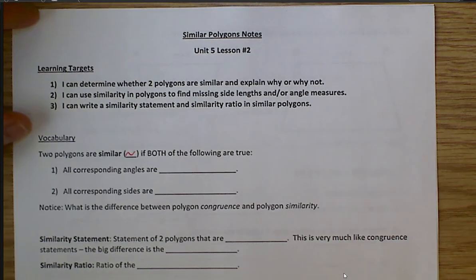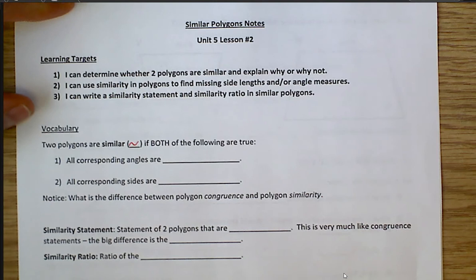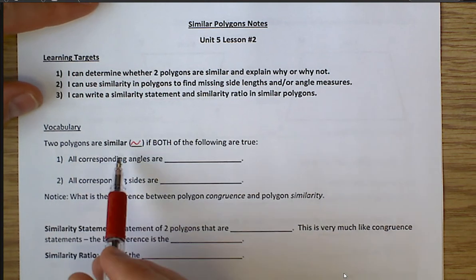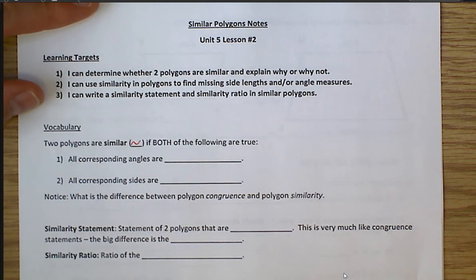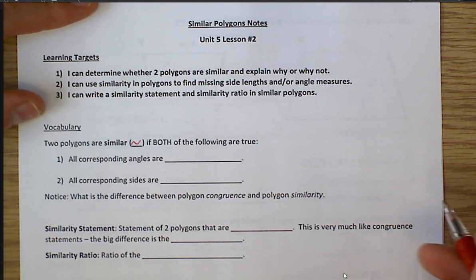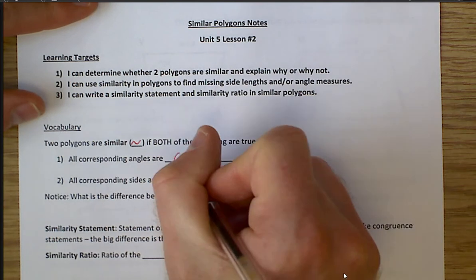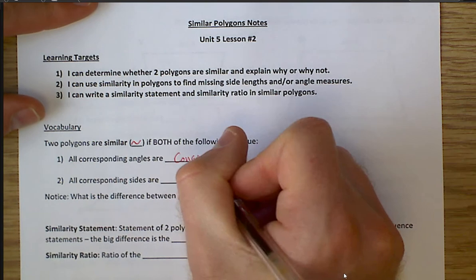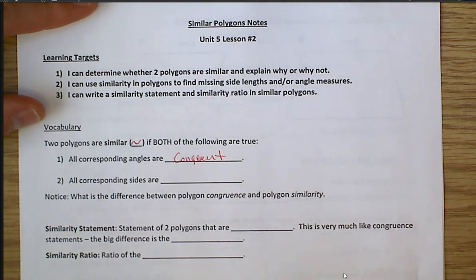Here's what similarity is. If two figures are similar, here are the two criteria that the two figures must have in order for you to say that they're similar. Number one, all corresponding angles are congruent.